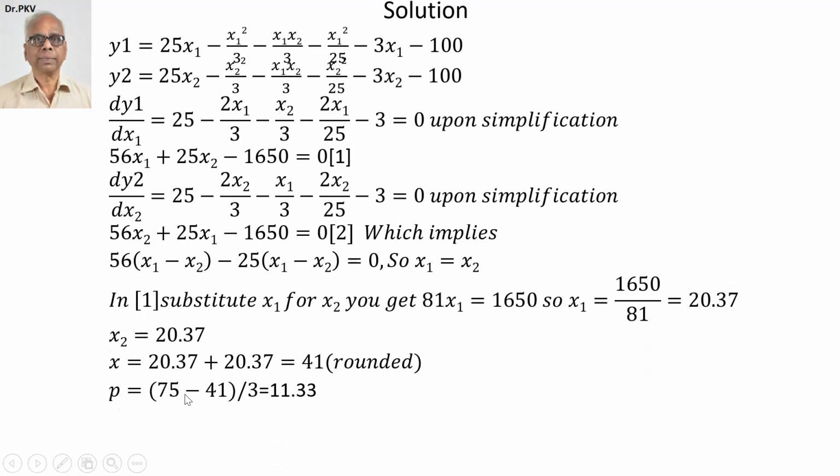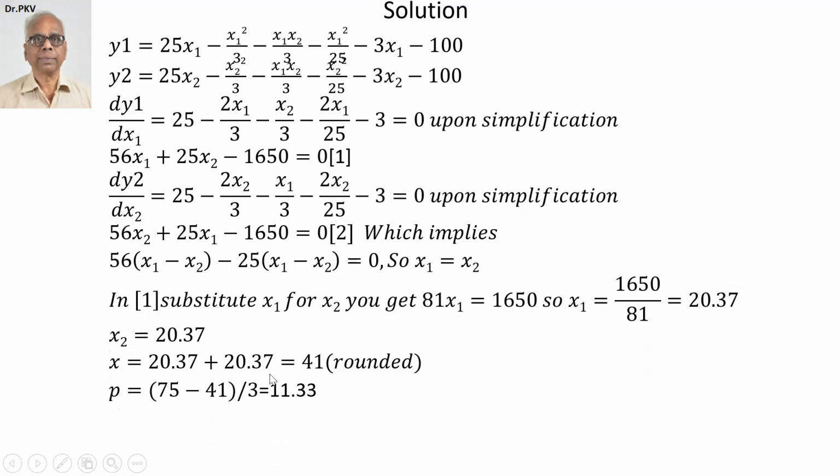Now, price is equal to 75 minus X1 minus X2, and the total is 41. So 75 minus 41 divided by 3. P is equal to 75 minus X by 3.